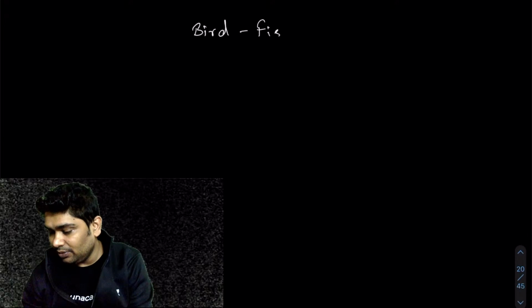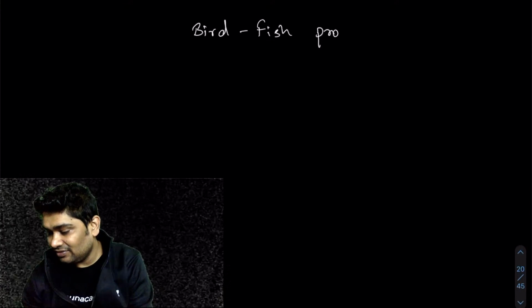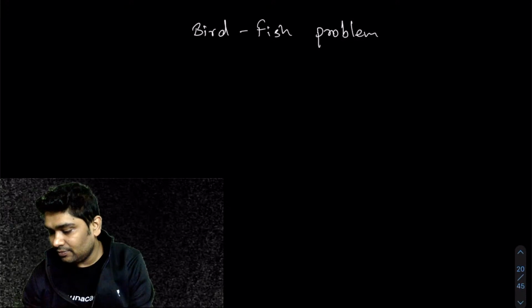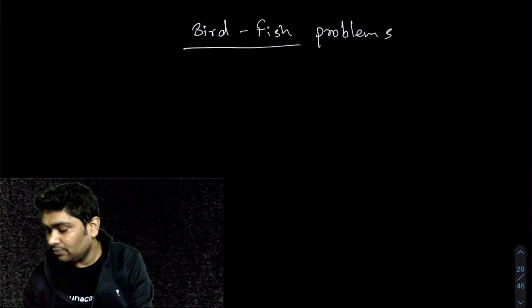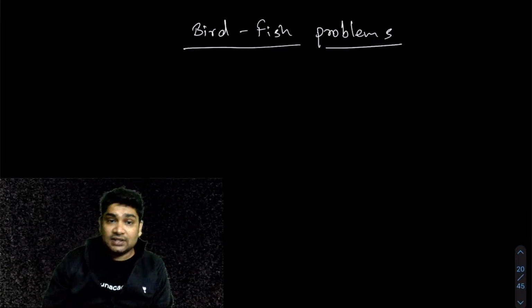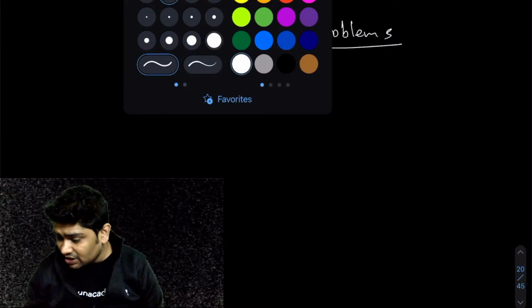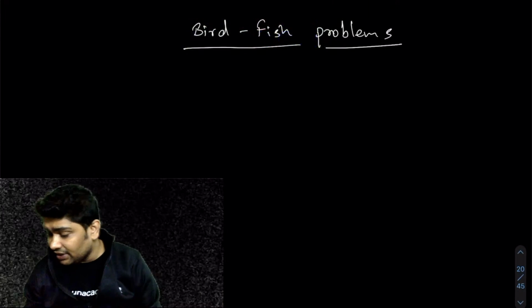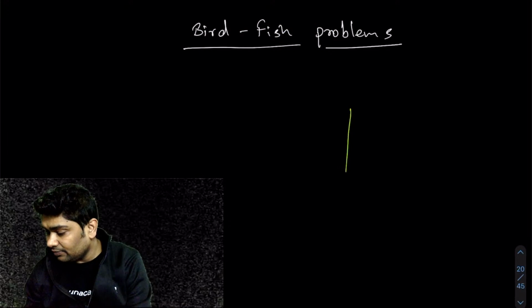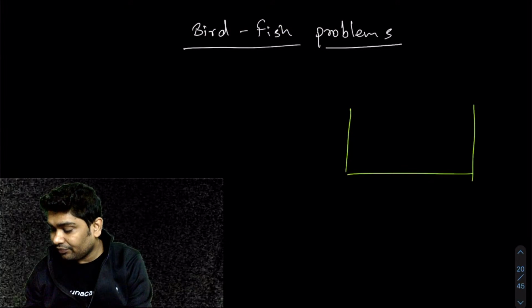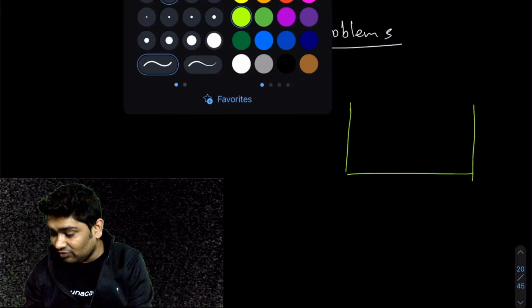So let's talk about that for a bit. This is a very common variety of questions. Here what you're usually told is that you have a container, and in the container there is some water.